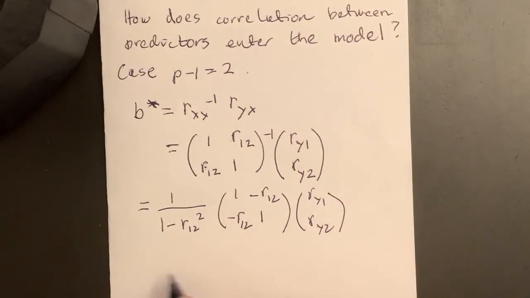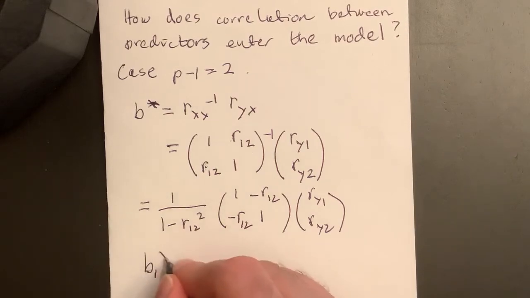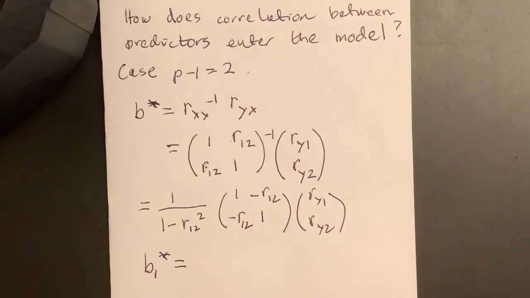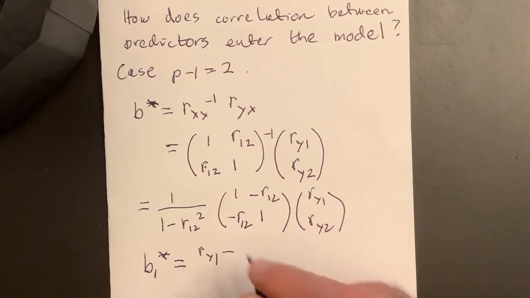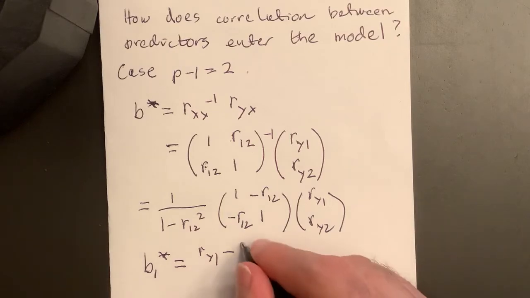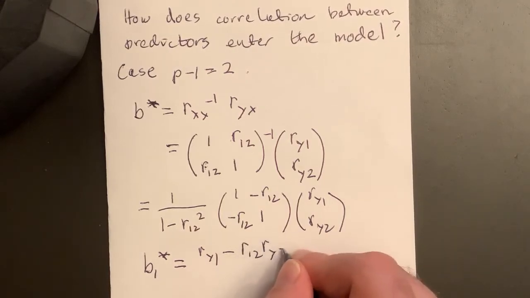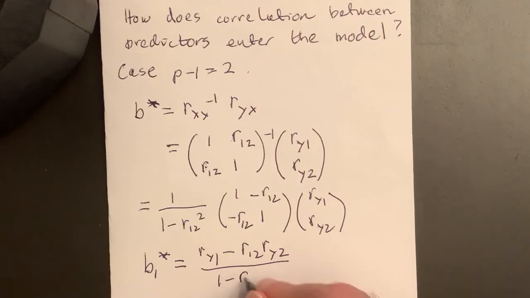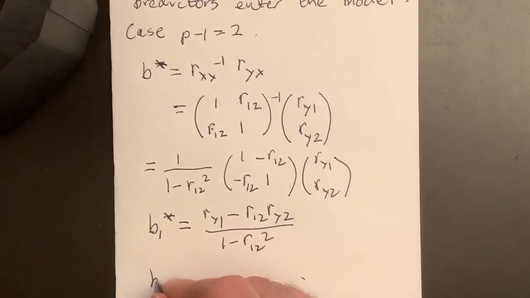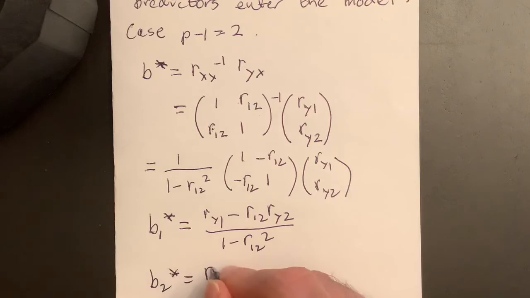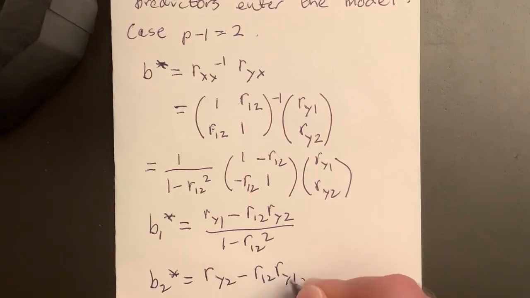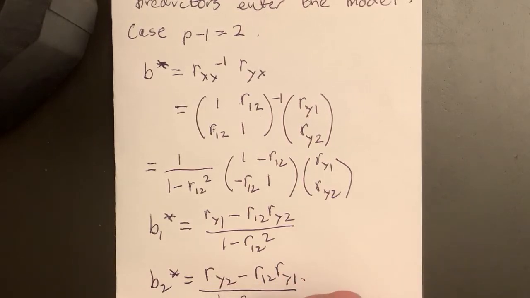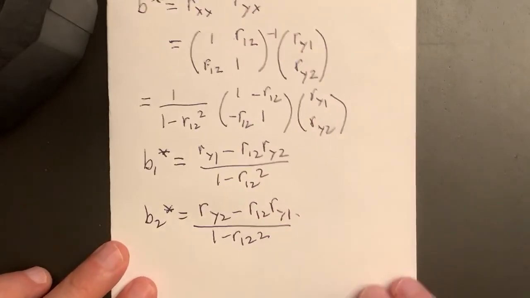And multiplying through, I see that b1 star is equal to (r_y1 minus r12 r_y2) all over (1 minus r12 squared), and b2 star is equal to (r_y2 minus r12 r_y1) over (1 minus r12 squared).